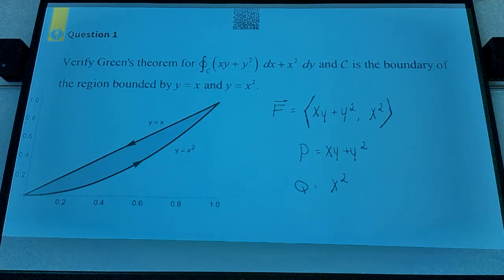It's a really obvious parameterization. Isn't the path y in the form y equals a function of x?